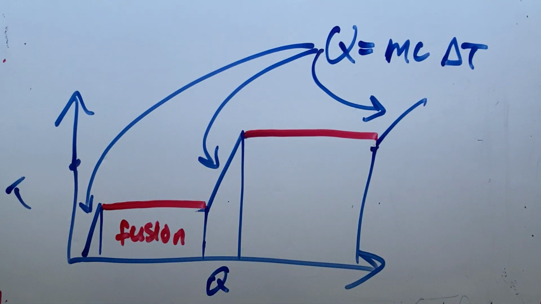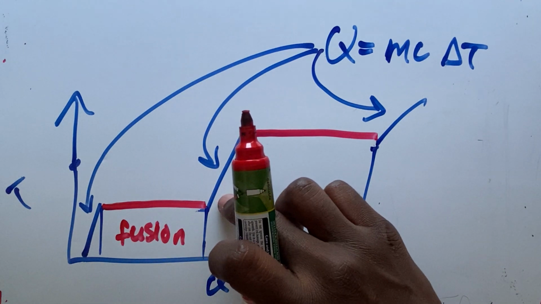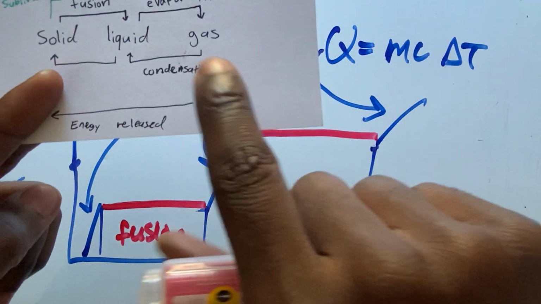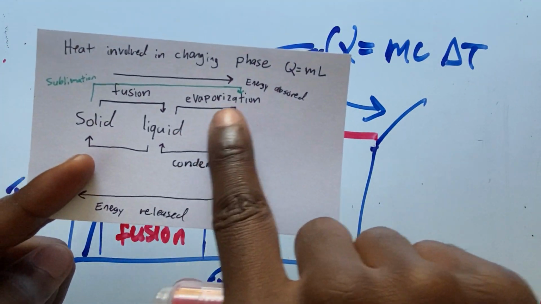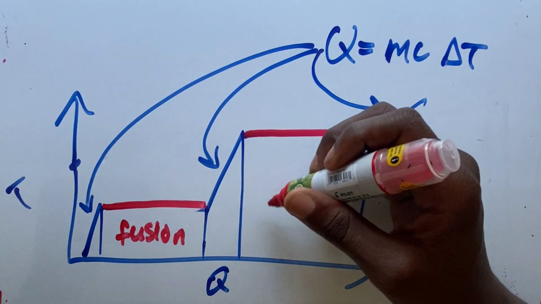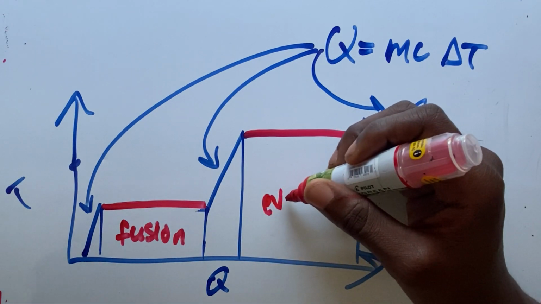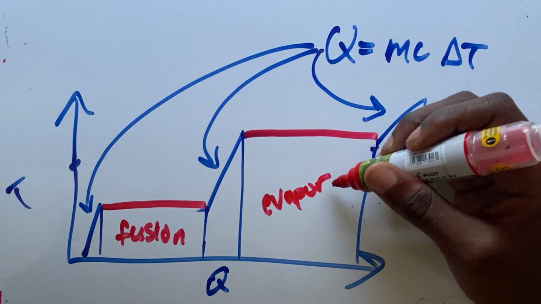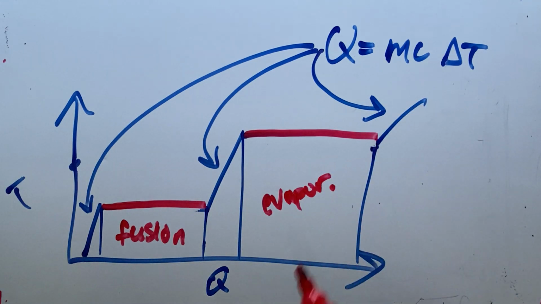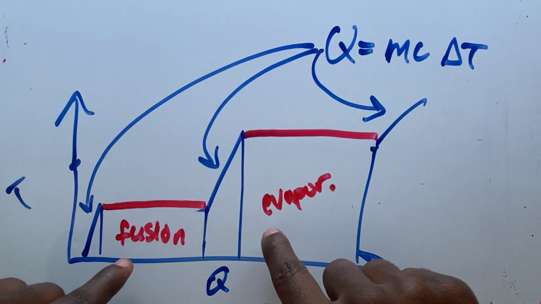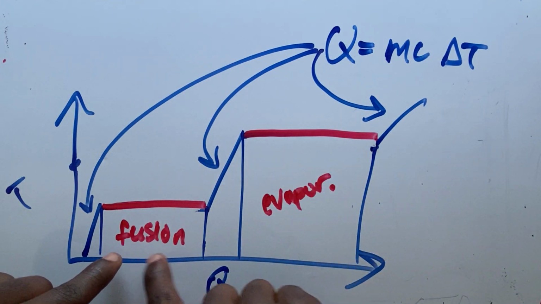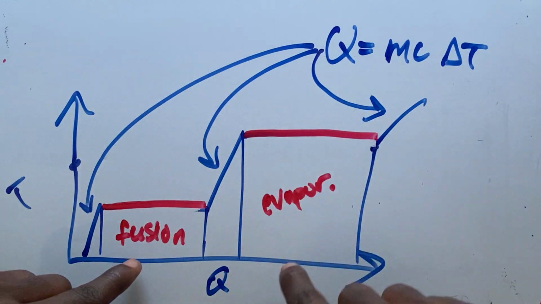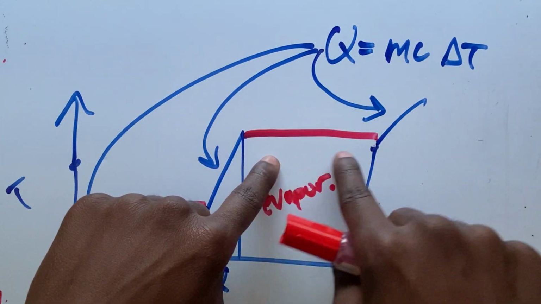And then in this region here, we're going from a liquid to a gas. So that's going to account for evaporation. So this here is evaporation. I'm shorthanding evaporation. So how do I get the heat needed for fusion, or the heat needed for evaporation?